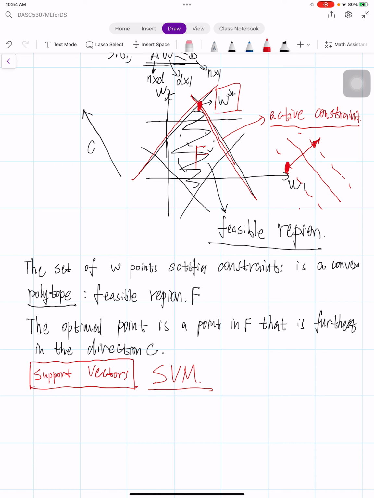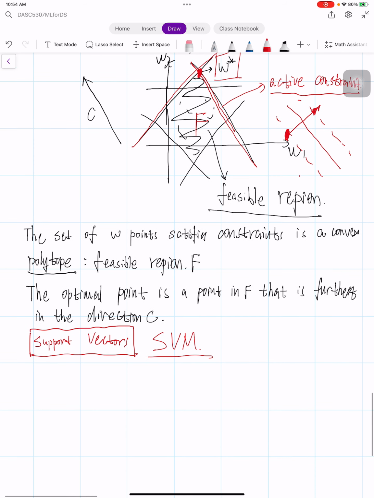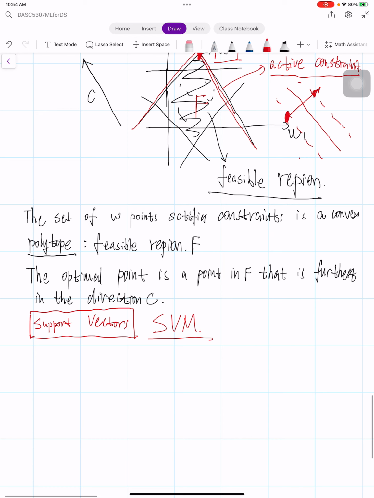So the point is we want to find a feasible point, but the problem should be linearly separable, right? Here I give you one example.